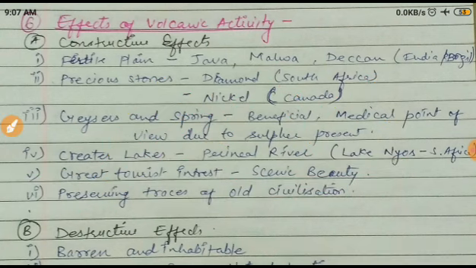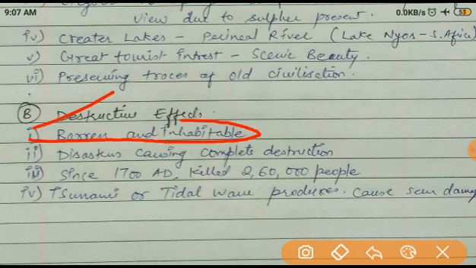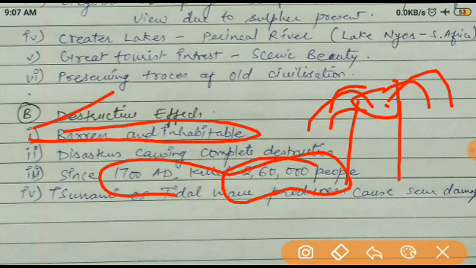So these are all the benefits, the constructive effects of the volcano. Now let's see the destructive effects of the volcano. What are the destructive effects? Barren or uninhabitable land. Barren or uninhabitable land means, if a volcano erupted near your house, could the whole area be lived in?